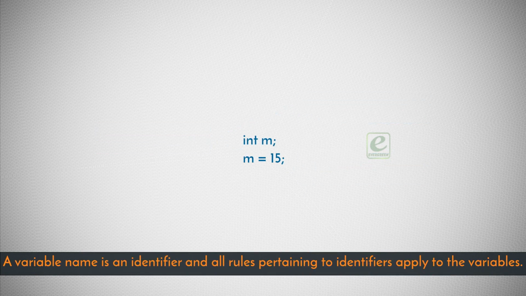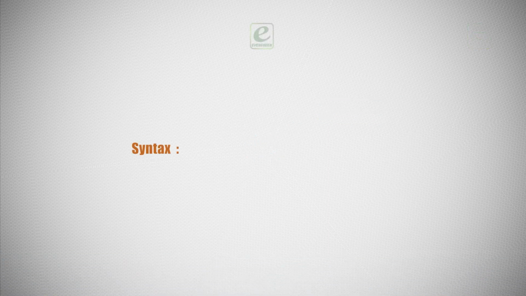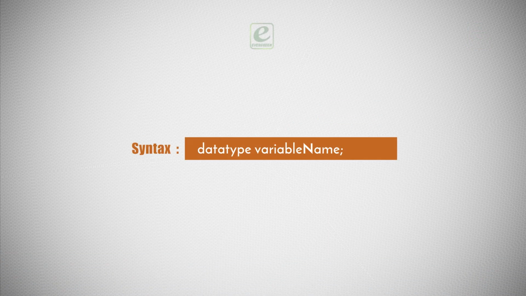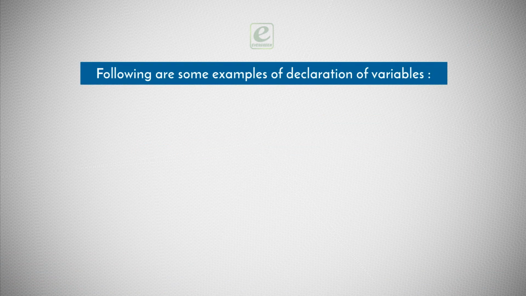A variable name is an identifier, and all rules pertaining to identifiers apply to variables. Syntax: data type variable name; Following are some examples of declaration of variables.